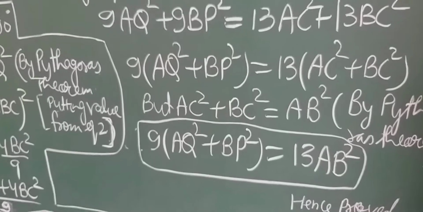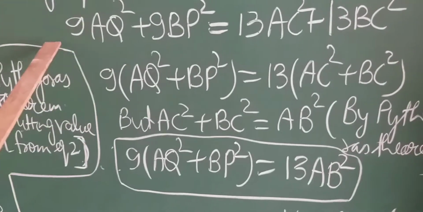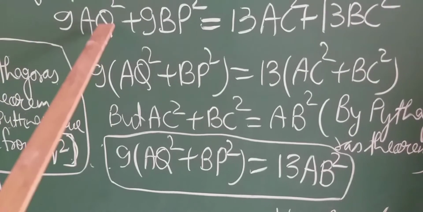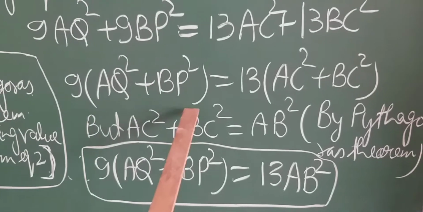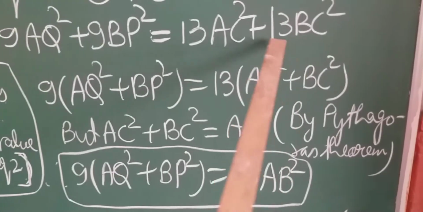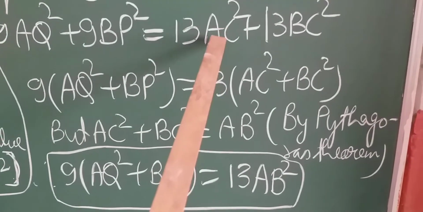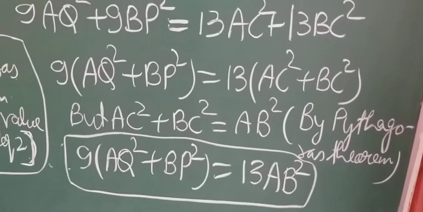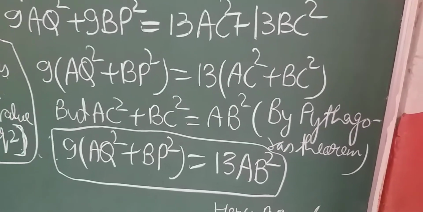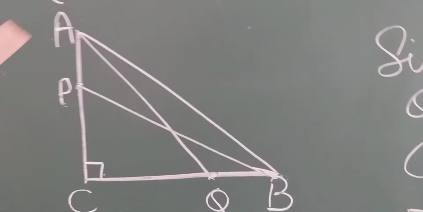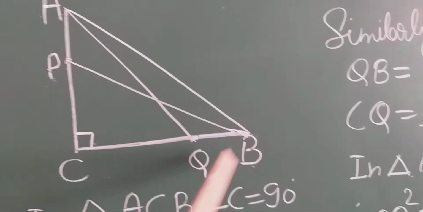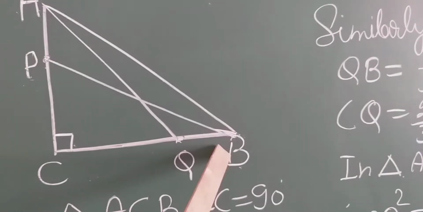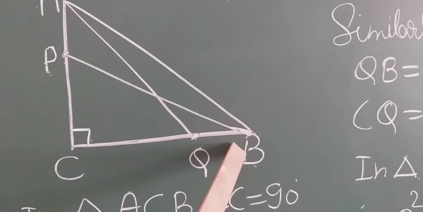Now students, you can see 9 is common on the left. So what is left? AQ square plus BP square, equal to 13 common, and we get AC square plus BC square. Now in triangle ABC, AC square plus BC square equals AB square by Pythagoras theorem.